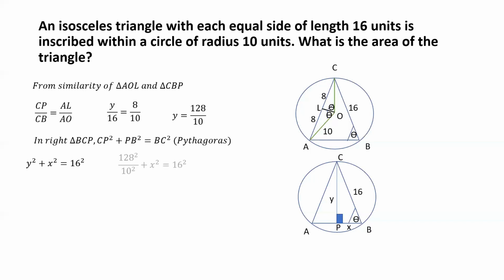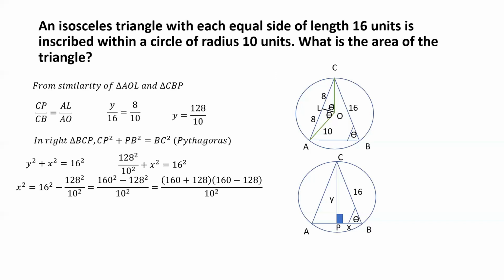Substituting y equal to 128 by 10, we can solve for x. We get x square equal to 16 square minus 128 square by 10 square, which we can write with 10 square in the denominator and 160 square minus 128 square in the numerator.